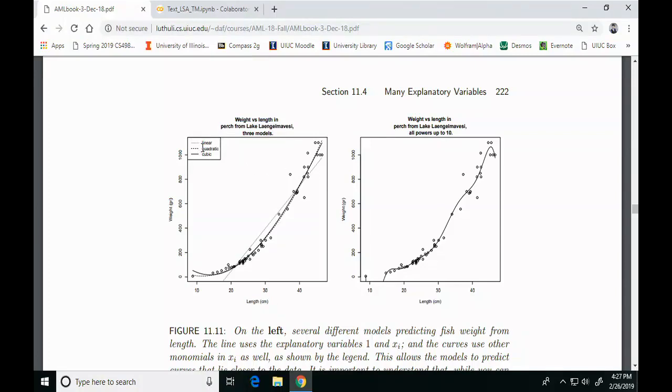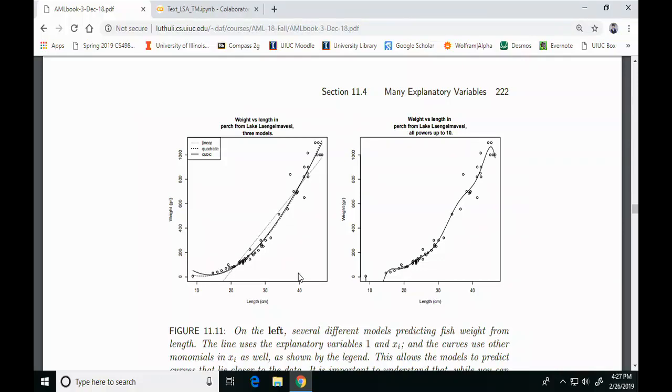The quadratic is the longer dots, and the cubic is the solid line. And what you can see is the linear fits things okay, but not really that well. The quadratic actually fits things really well. This is obviously a very quadratic sort of regression here.